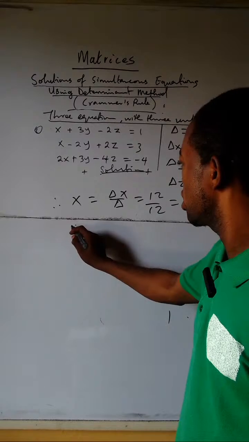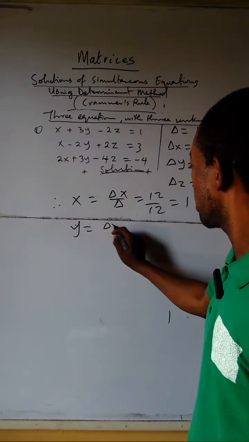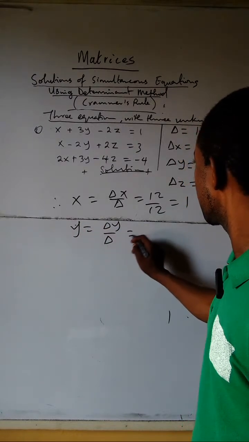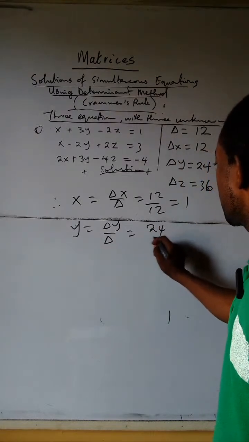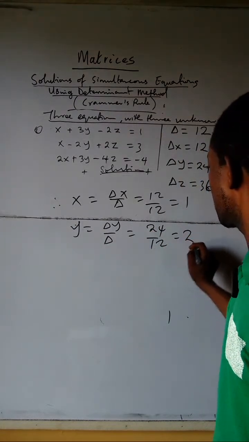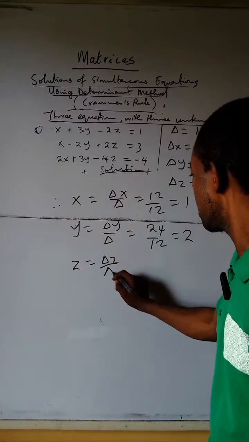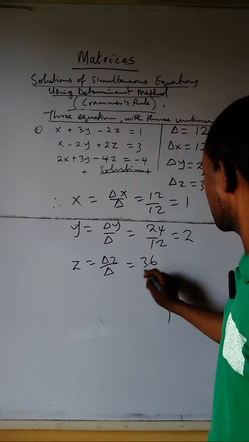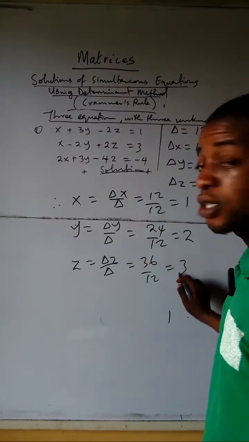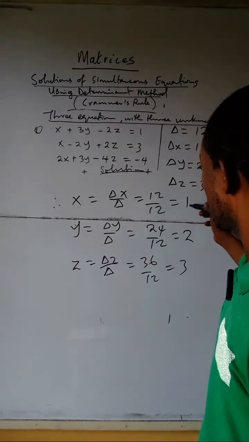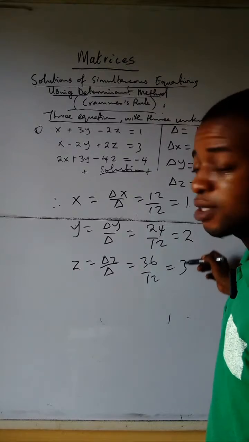So x is 1, and y equals delta y over delta, which is 24 over 12, which is 2. And here we say z equals delta z over delta, which is 36 over 12, which is 3. So here we have x equals 1, y equals 2, and z equals 3.